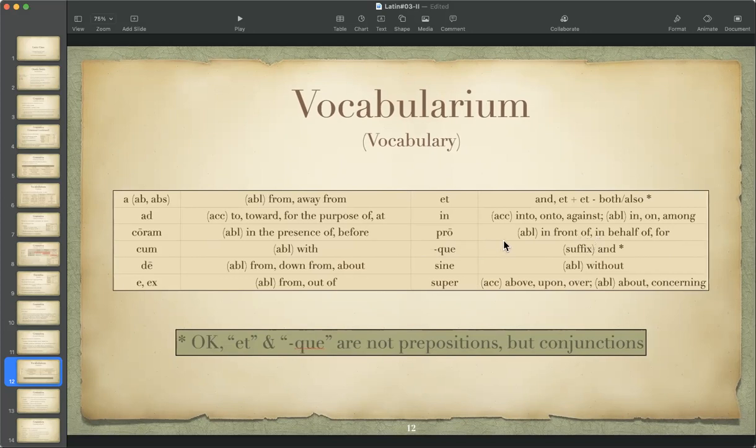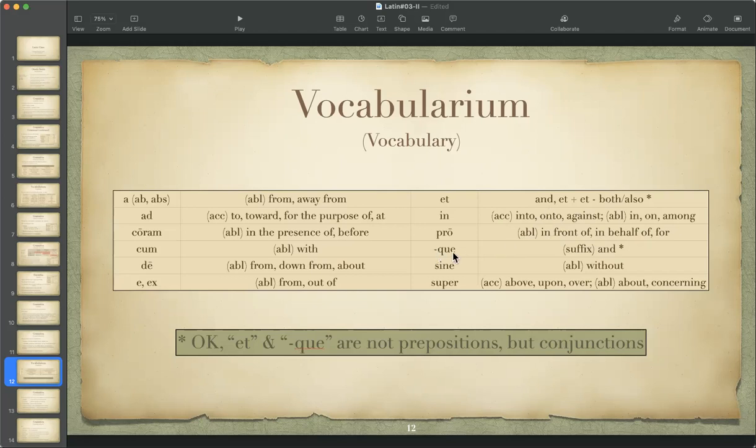So it takes the ablative. So pro vita would be pro-life. It also can mean in front of, in behalf of. You'll see later on why that makes sense in Latin, but for the moment, just think of it as in front of, or think of it as in behalf of or for. Pro ecclesia, for the church.